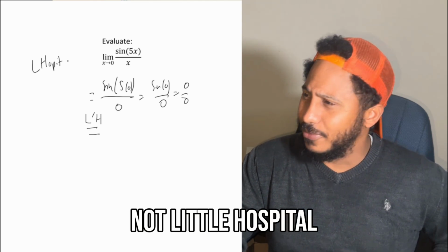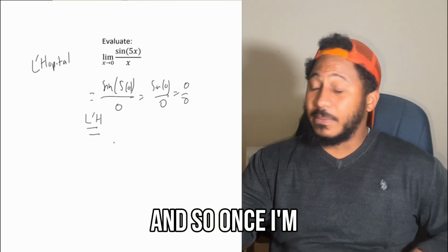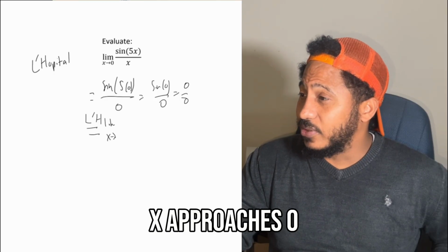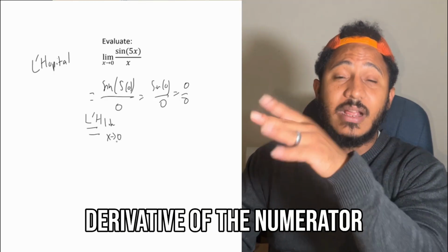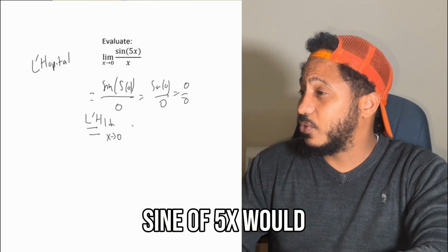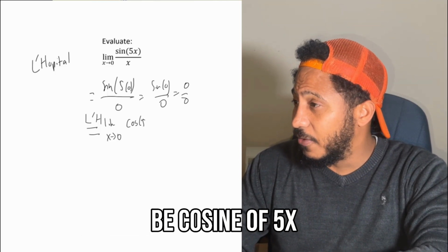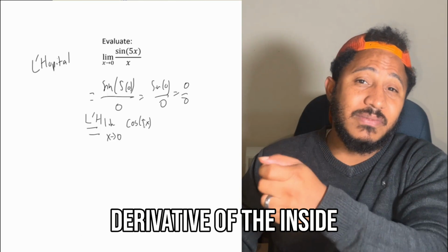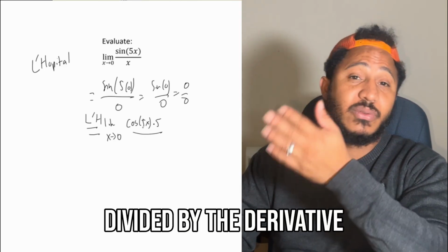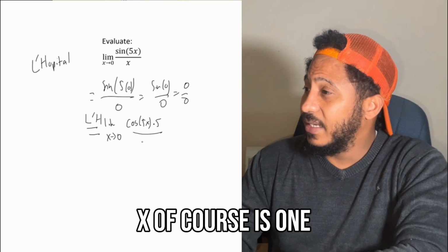Not Le Hospital. L'Hopital. So once I'm using L'Hopital's rule, it's the limit as x approaches 0, but now I'm taking the derivative of the numerator and the derivative of the denominator. The derivative of the numerator, sine of 5x, would be cosine of 5x, but then times the derivative of the inside, so times 5, divided by the derivative of the denominator with respect to x, which of course is 1.